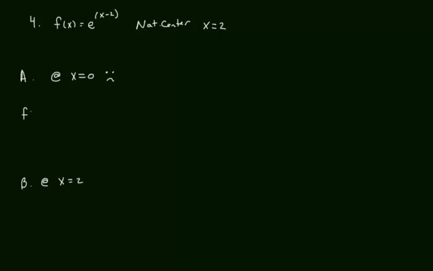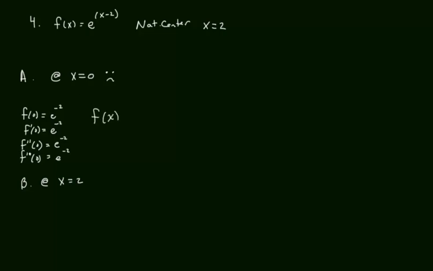So I'll need f of 0, which comes out to be e to the negative 2. I'll need f prime of 0, which is also e to the negative 2. F double prime, and f triple prime will both be e to the negative 2 power. Those are coefficients to a power series centered at 0.